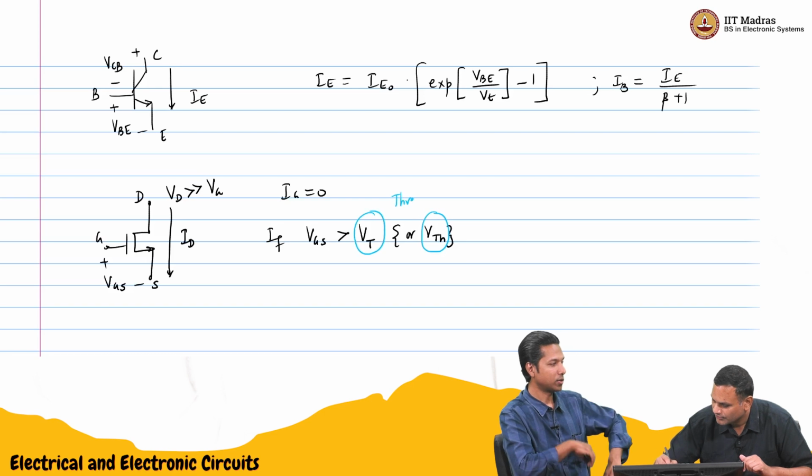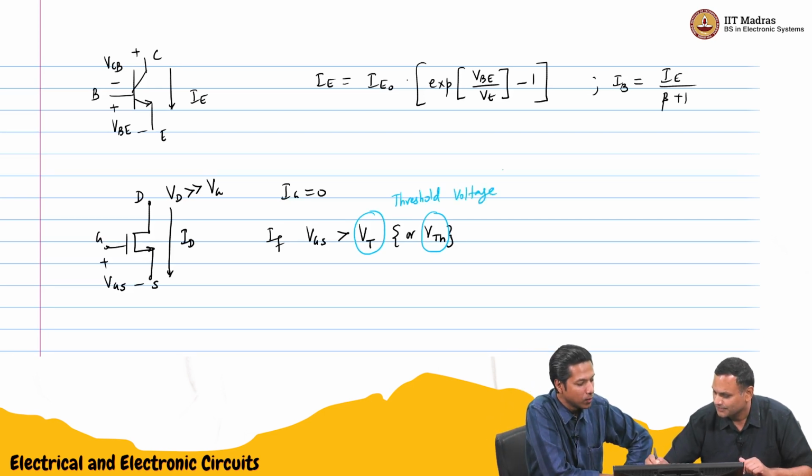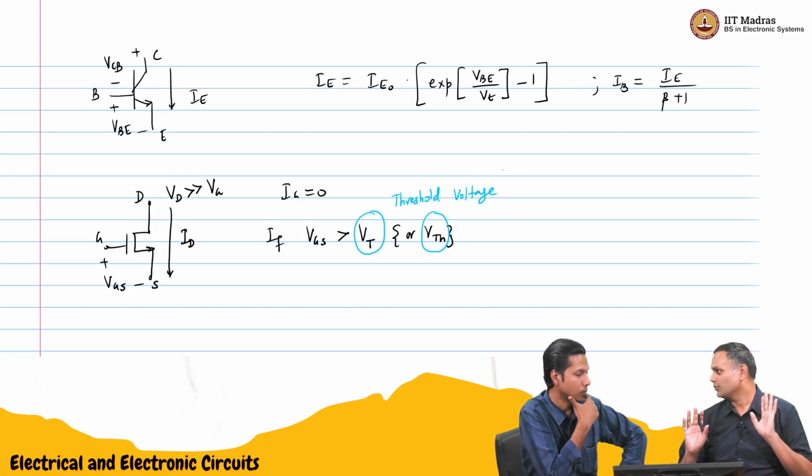So the gate opens only after that. This is the threshold voltage of the MOSFET. Only then ID starts flowing.